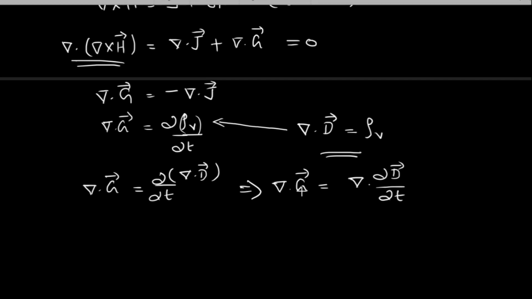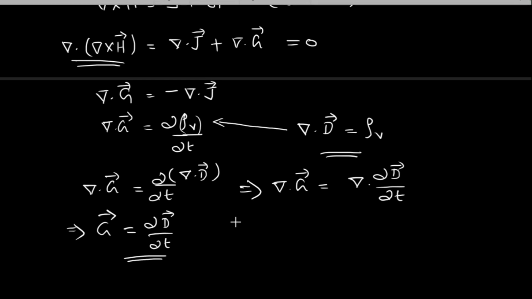So divergence of J is equal to divergence of the variation of D with respect to time. Mathematically this is also true. If del dot G is equal to del dot partial D by partial t, then G is partial D by partial t. It is just cancellation of the operators on either side. So I get G is equal to partial D by partial t.